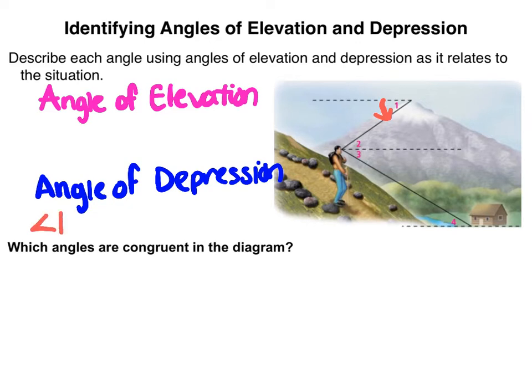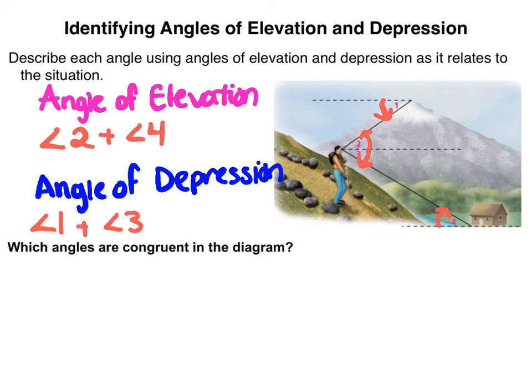For number 2, we start at the horizontal line and look up, making angle 2 an angle of elevation. For number 3, we look down, making angle 3 an angle of depression. And for number 4, we go up the line of sight, making number 4 an angle of elevation.